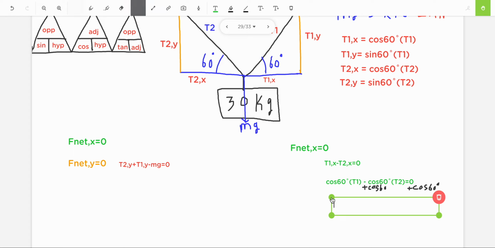So now we will have cosine 60 multiplied by T1 equal to cosine 60 multiplied by T2.